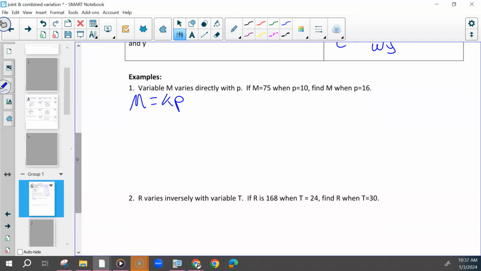Then we are given 2 numbers. You can put those 2 numbers in, solve for k. So in this case, to solve for k, we would divide. And whatever that is, that's k. What is that? If you don't have a calculator, go grab one.